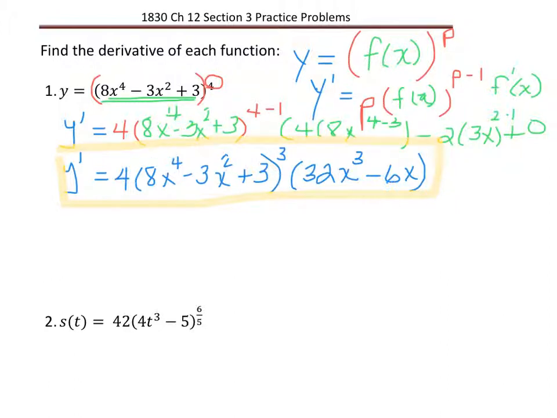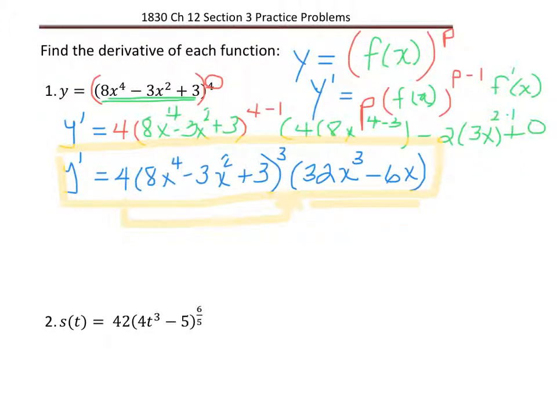And once you get pretty good at the chain rule part of this and the power rule part of this, you really probably aren't even going to write that first step, and we'll go straight to the second step. But again, there's no real reason to go any further. The only thing that my math lab might do, which I don't necessarily recommend that you do, would be to take this 4 and to multiply it by both the terms in the parentheses at the end.